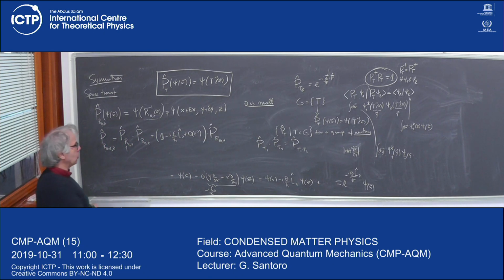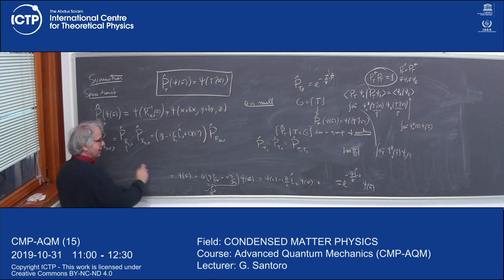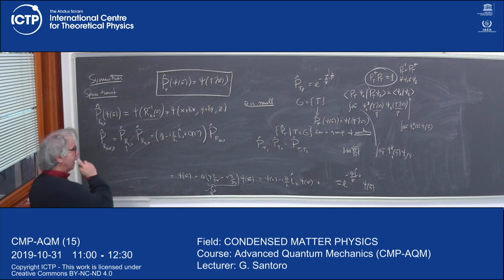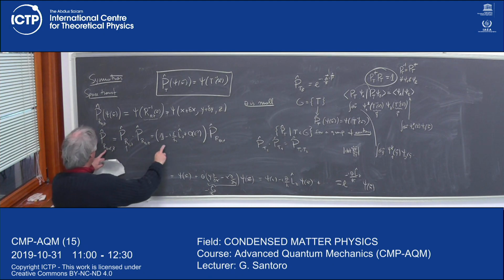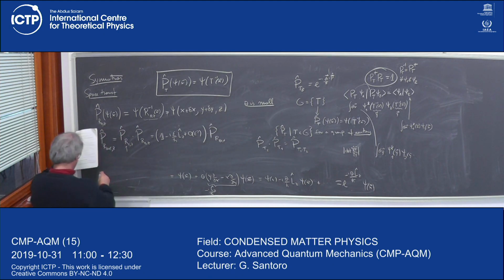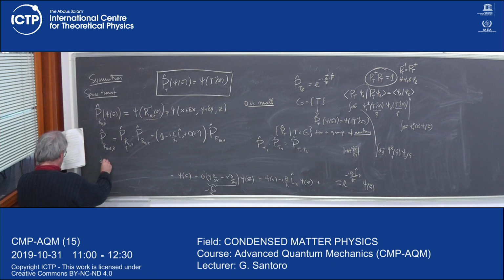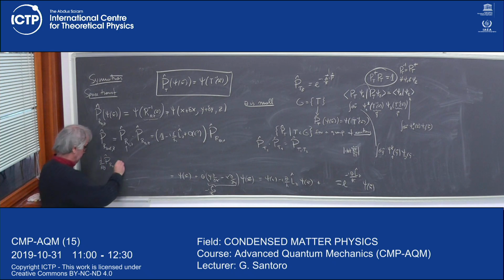Good. So thanks to the fact that I calculated the effect for an infinitesimal rotation, I can now write this equation here. Now take this minus that and define the derivative with respect to theta of the P of R theta and Z. How do I define a derivative of an operator?